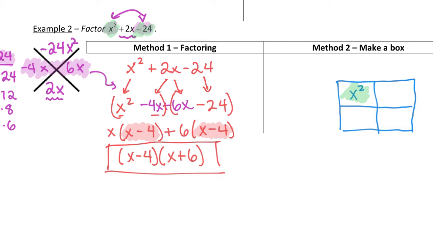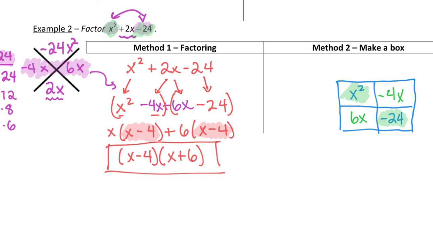And then I'm going to grab that negative 24, so minus 24, and that goes in this final box right here. Then go back to your x games, and we'll grab that minus 4x and 6x.